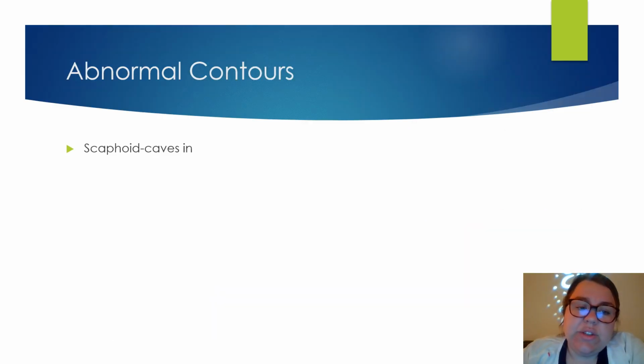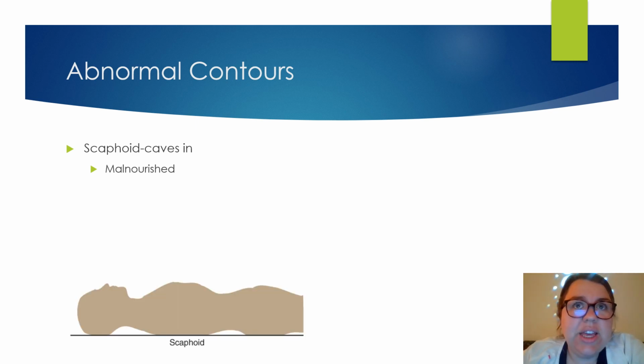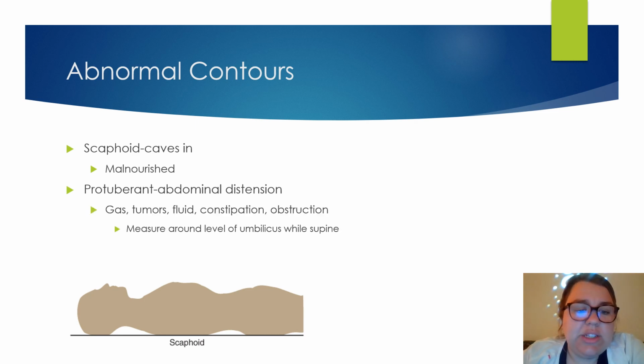Abnormal contours: scaphoid caves in, in malnourished clients. Protuberant, okay, abdominal distension, that could be gas, tumors, fluid, constipation, obstruction. You're going to measure around the umbilicus while they're supine.